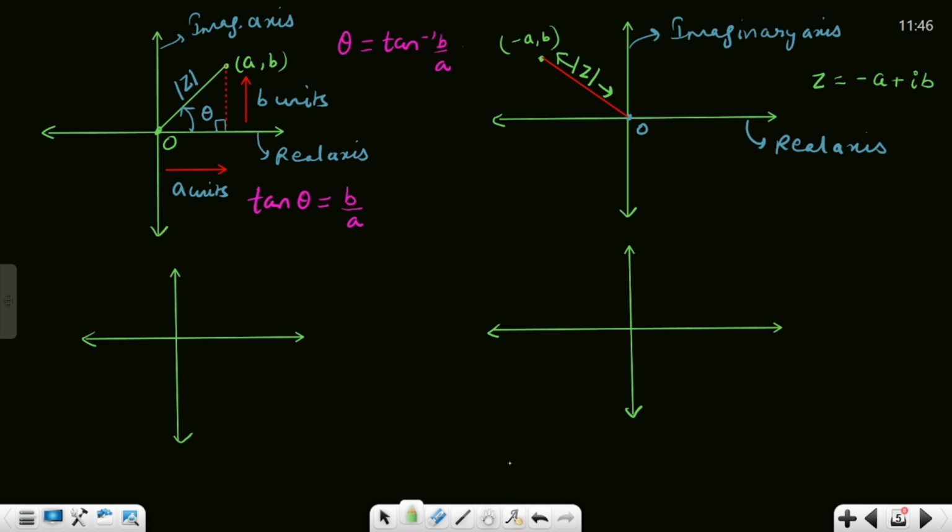Now in a very similar manner, if I drop the altitude from minus a comma b to the real axis, what will we get? See, this is our theta.